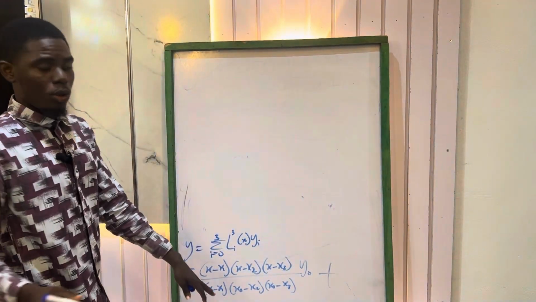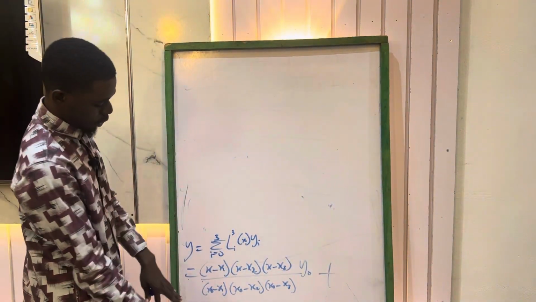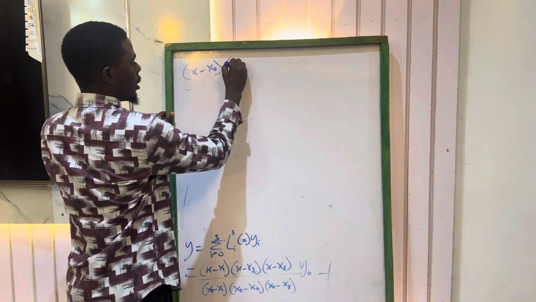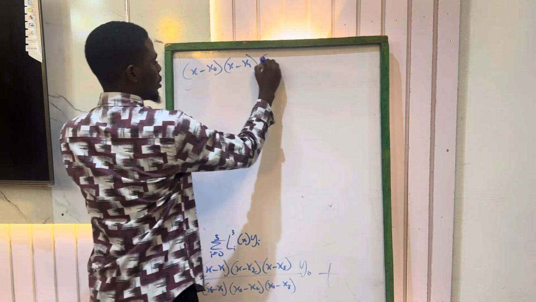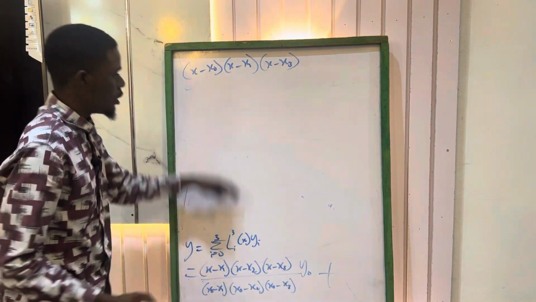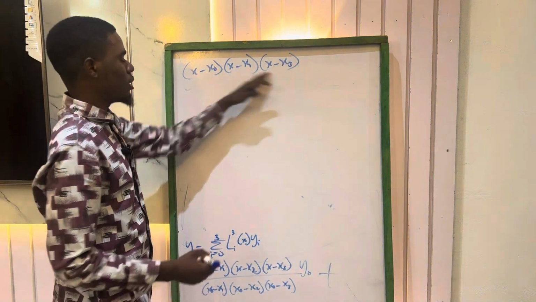So to add this on top now, our third term is going to be x minus x naught, x minus x1, then x minus x3. Remember that whatever term you are picking, you cannot have the term of x inside this equation.